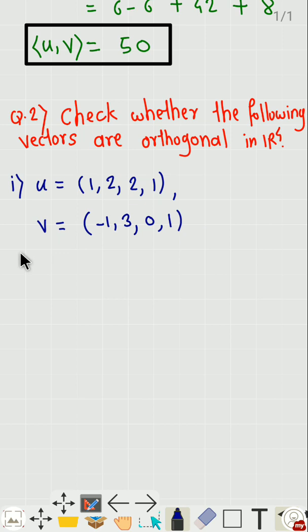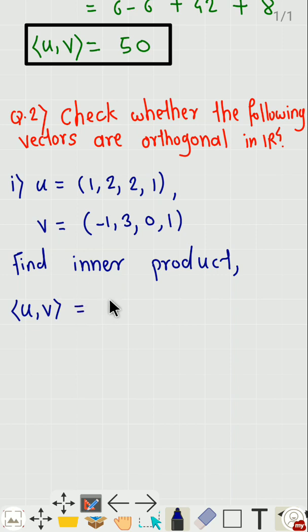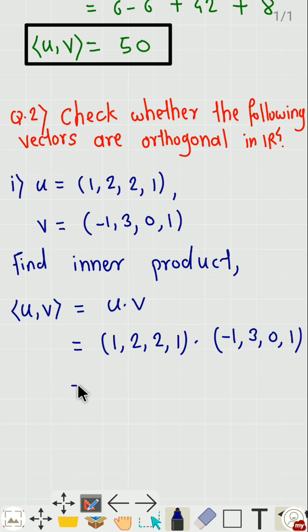The inner product of vector u with vector v is in this case a dot product: (1, 2, 2, 1) dot (-1, 3, 0, 1), which is 1 into -1 plus 2 into 3 plus 2 into 0 plus 1 into 1.